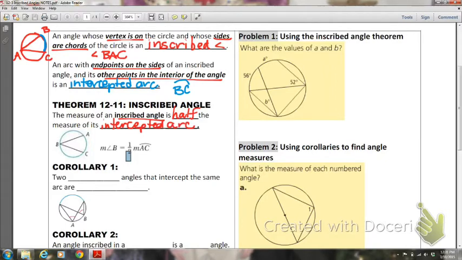Here in this diagram, this one is labeled a little differently than ours. This one is angle ABC, and they called it angle B. So the measure of angle B is going to be half of the measure of its intercepted arc, which is arc AC.